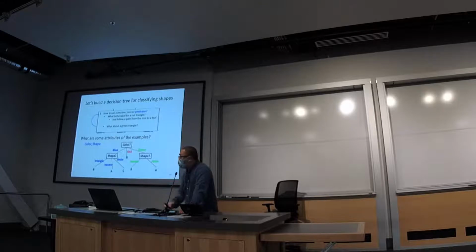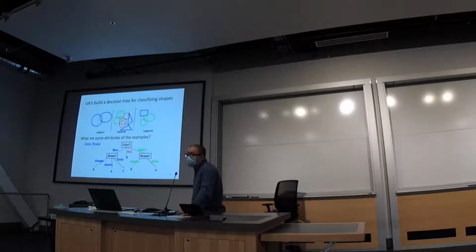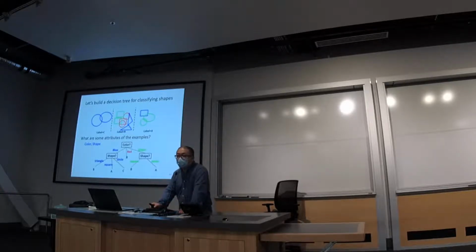To address that problem, intuitively we should create an extra branch for this, which gives at least a reasonable label, although this green triangle does not appear in the training data. How can we give a label for that? We're going to talk about that question later, when we discuss the decision tree learning algorithm.